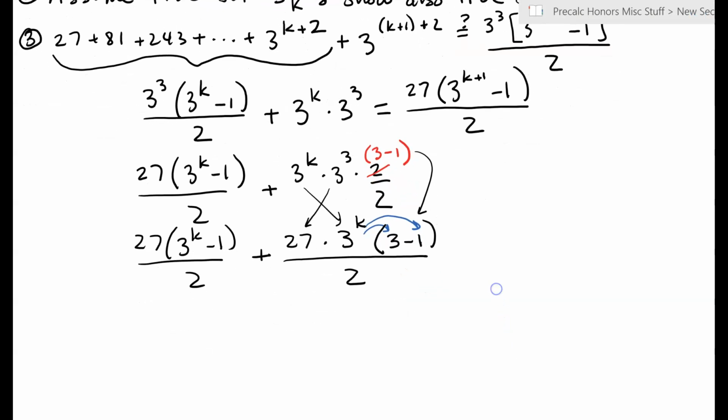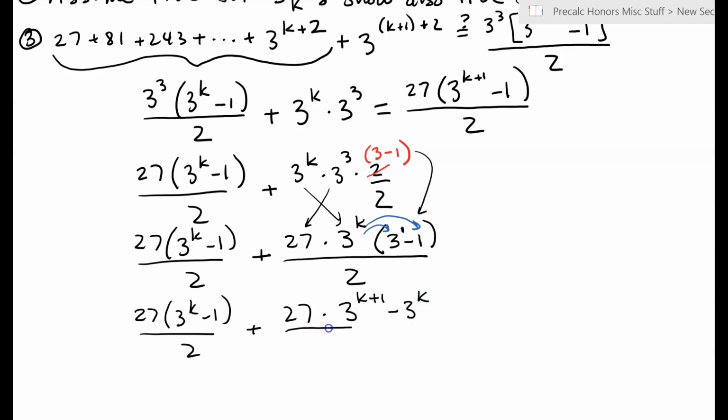So we've got 27 times 3 to the k minus 1 over 2 plus 27 times, so I have 3 to the k times 3 to the first, so that's 3 to the k plus 1, and then minus 3 to the k, all over 2. Let's put some parentheses here.